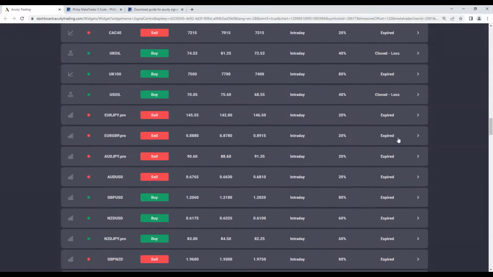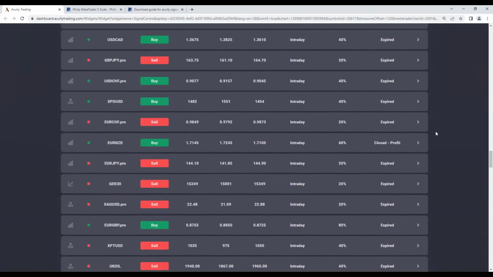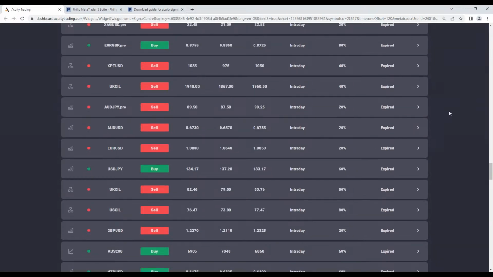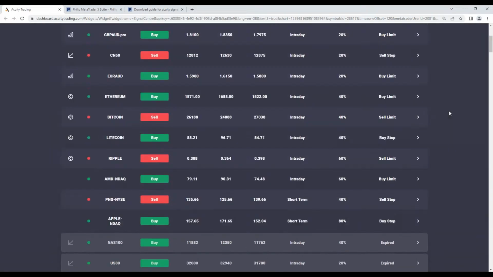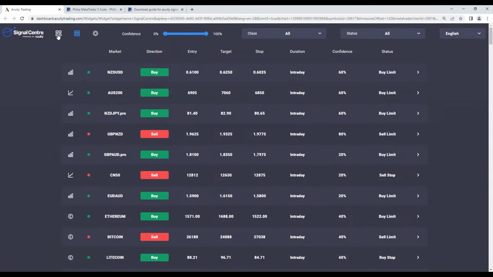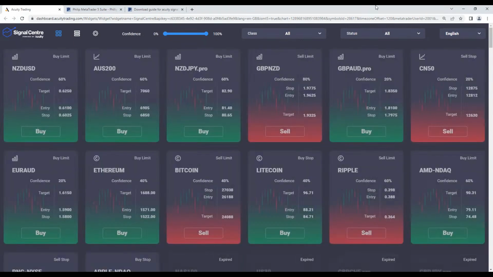You would definitely notice quite many that are expired, because they're all pending orders, so it is not a guarantee that the entry would be met. In the event that the price levels are not met by the expiration date, it will be deemed as expired. From here you can look through on your own to see the historical performance, so at least you have a gauge of the effectiveness of these tools.